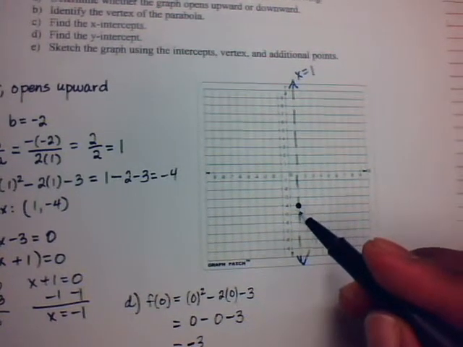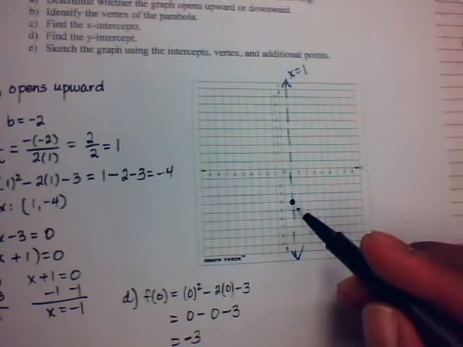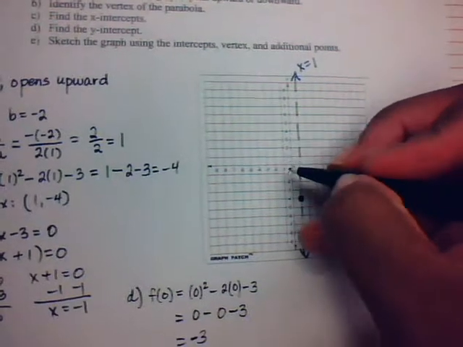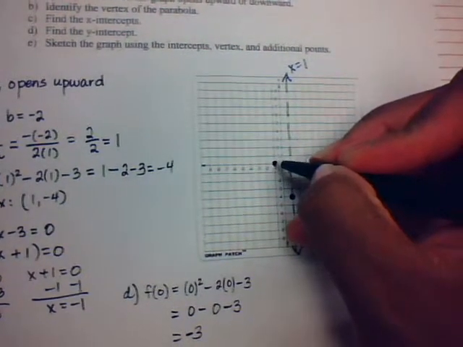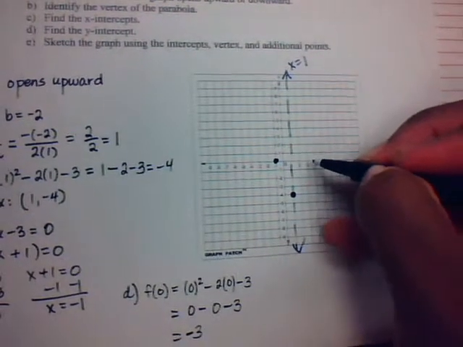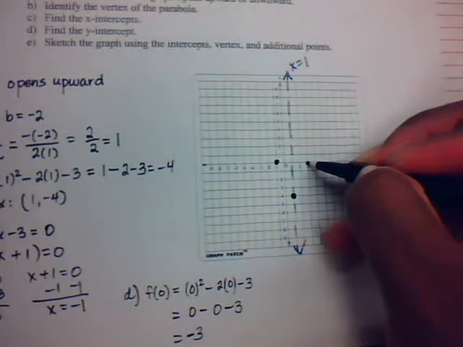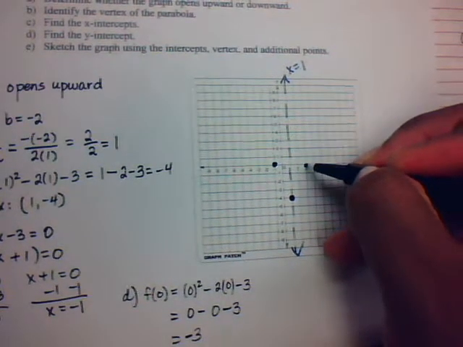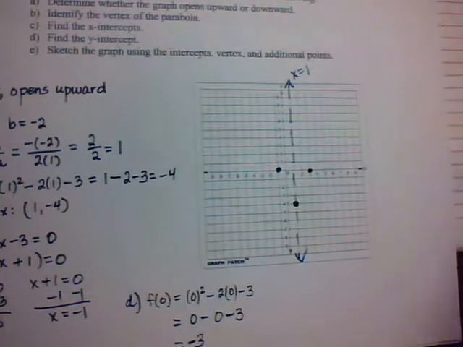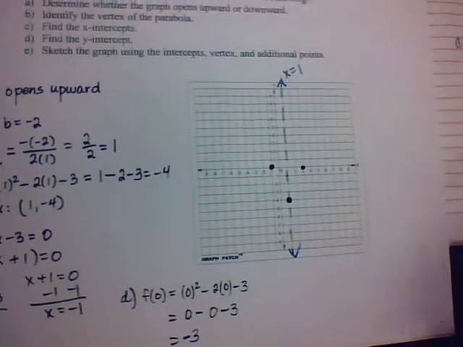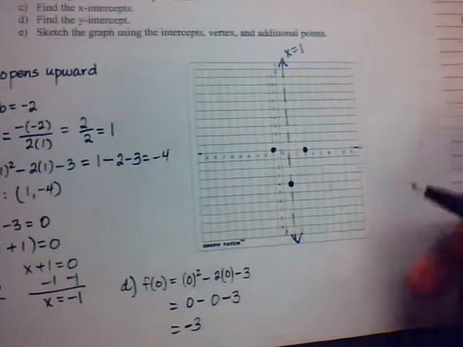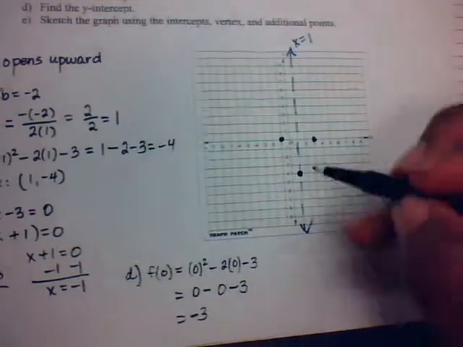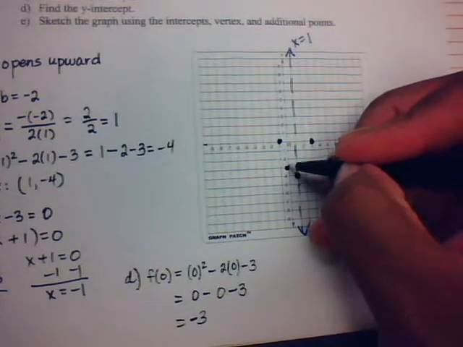And then my 2 x-intercepts are at -1 and 3. So I'm going to draw a point at -1 on the x-axis and a point at 3 on the x-axis. My y-intercept is -3, so we go to -3 and draw the point.